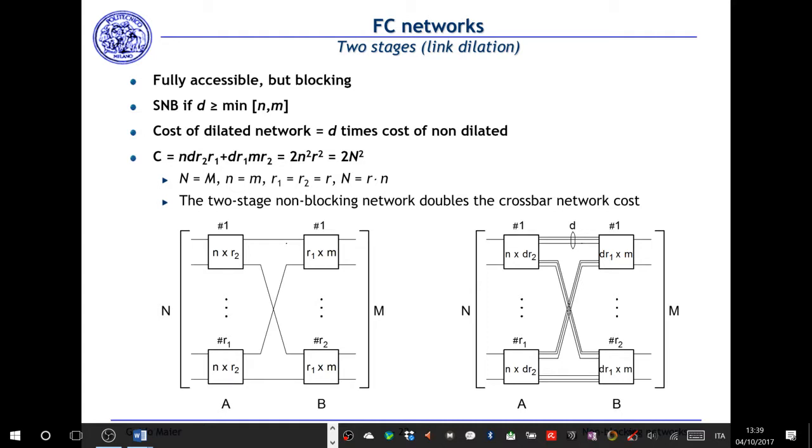You have to take the minimum between small n and small m, in this case between 3 and 5, so the minimum is 3. This is equal to the dilation that you have to use in the internal links. So if you use links that are dilated 3 times, then you have a strictly non-blocking architecture. Okay.